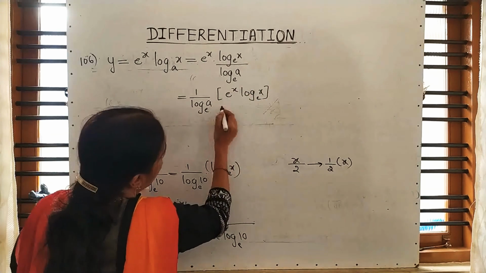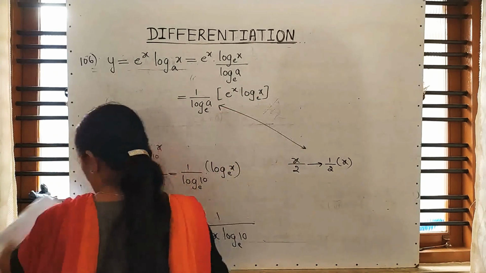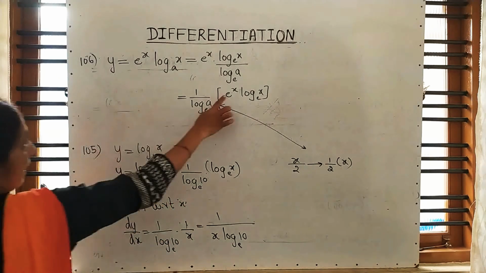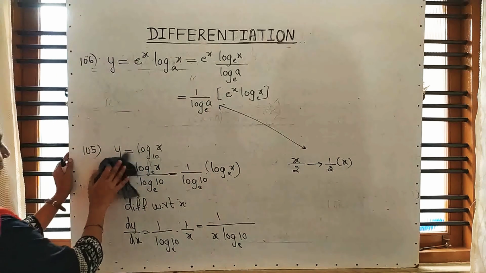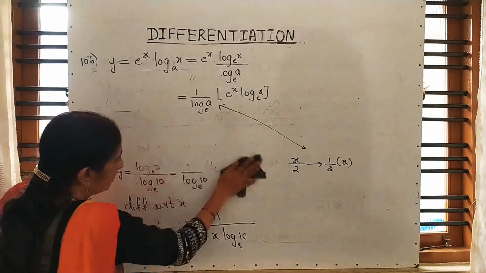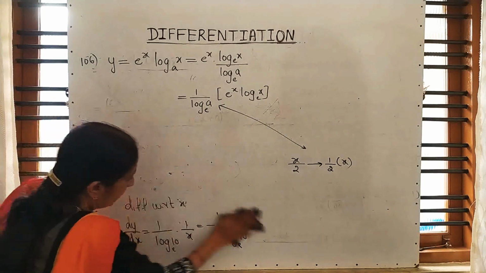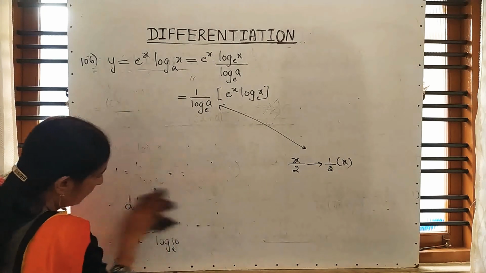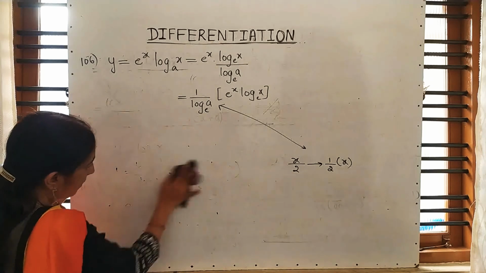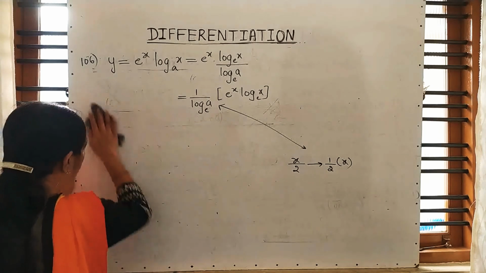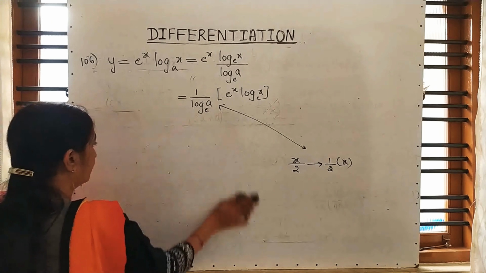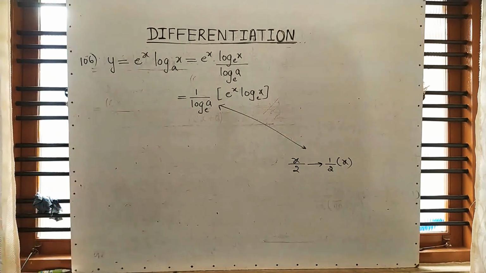See, now these two are similar or what? Yes. And for that bracket we are applying u into v. See, if you are clear on all this, your competitive preparation will be very simple, very easy. Now differentiate this.